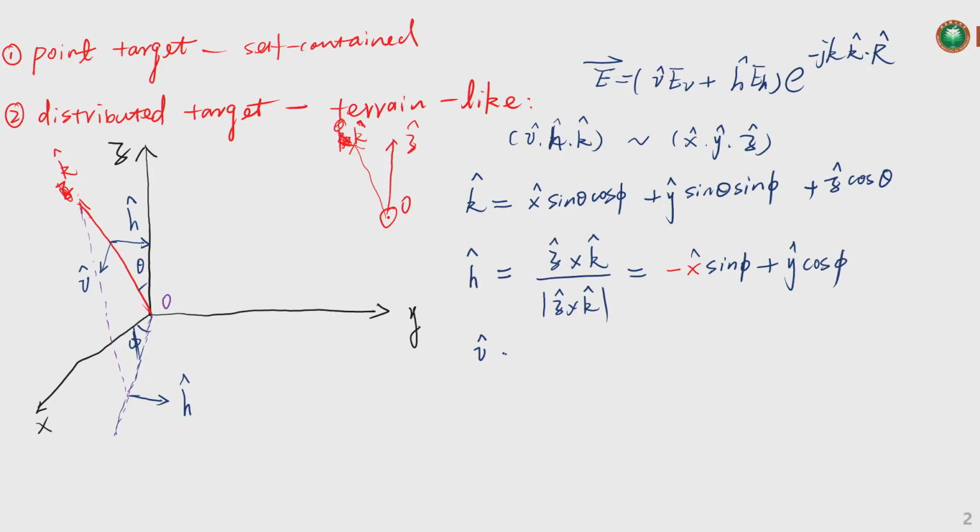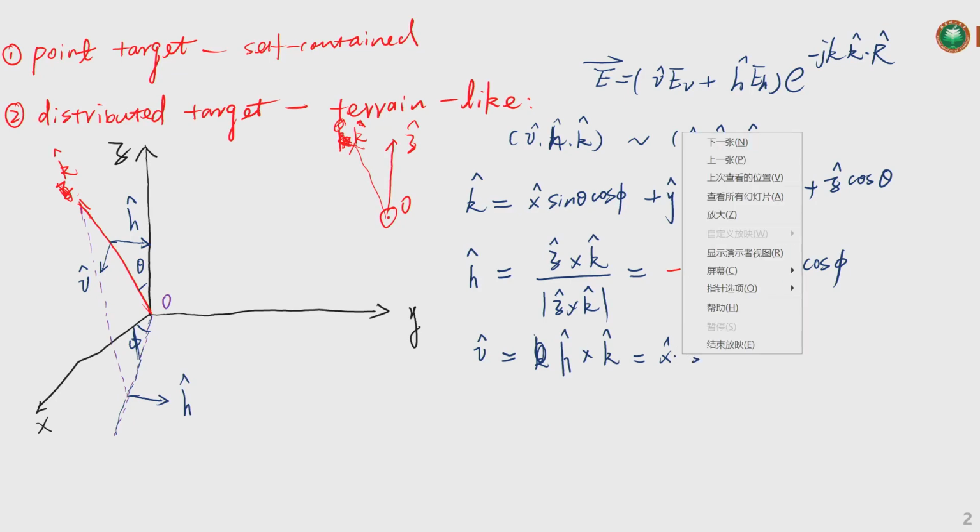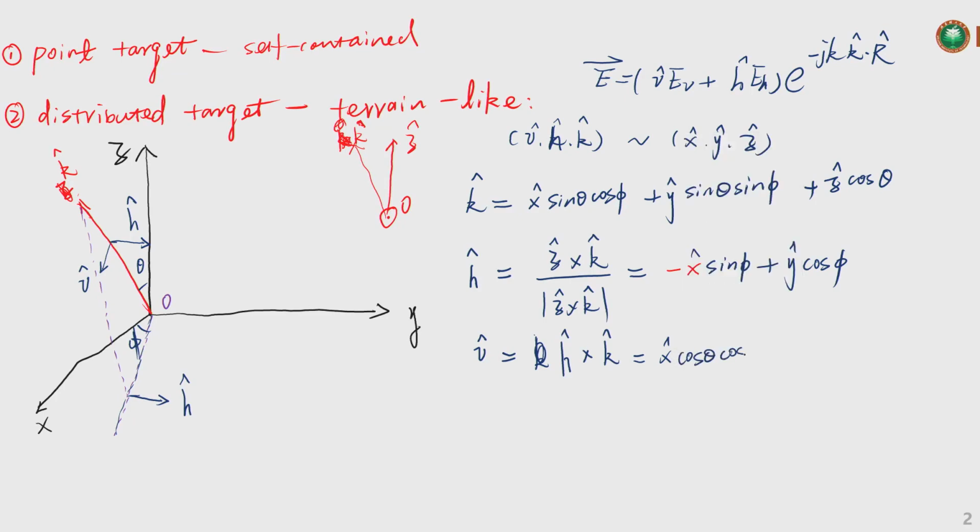And the expression for v is much easier. It equals h cross k, and then it becomes x cosine theta cosine phi plus y cosine theta sin phi minus z sin theta.